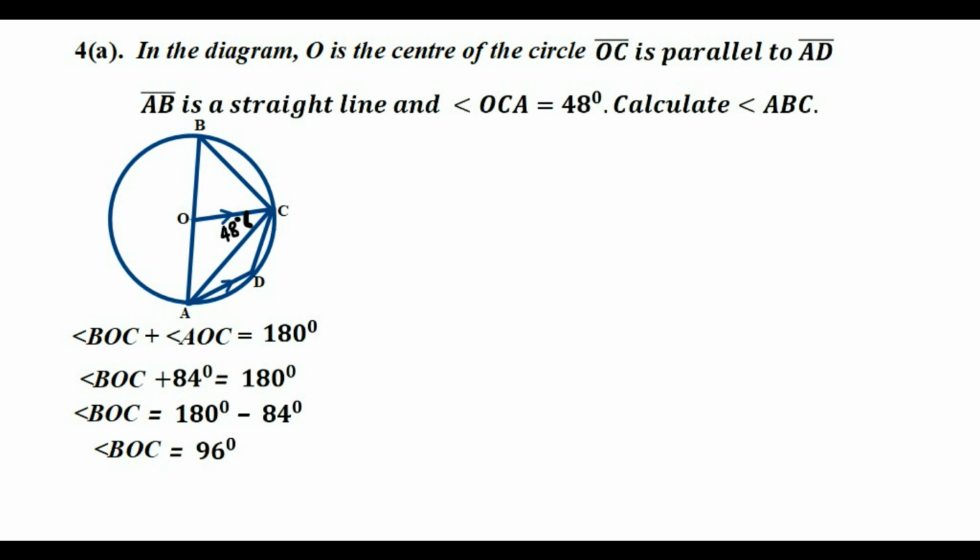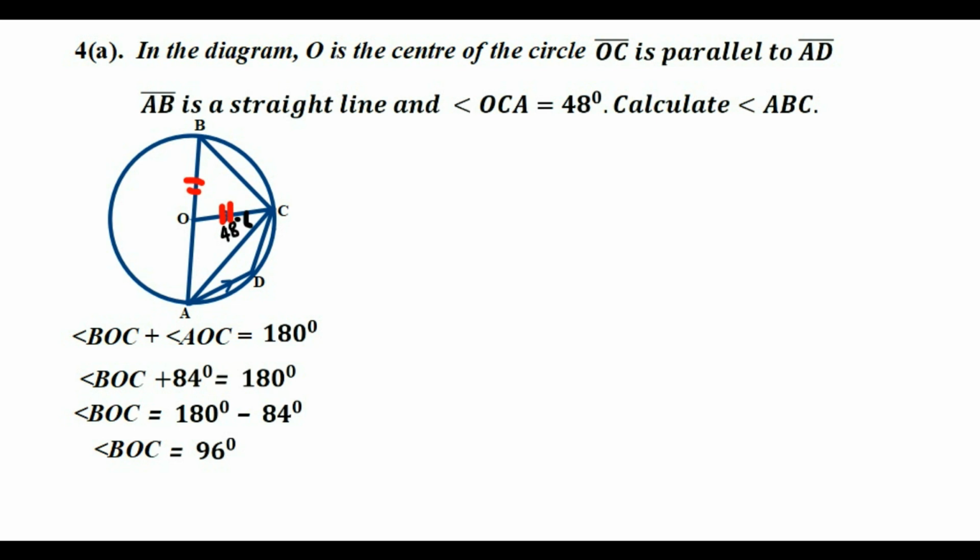Now looking at this triangle, you can see something there. When you look at it critically, you discover that OC is the radius of the circle, OB is the radius of the circle, and the radii are equal. That is, these distances are equal to each other. So when you look at that triangle, what does it look like?